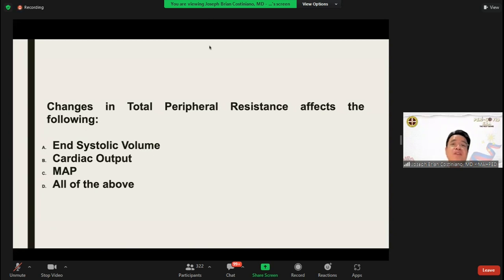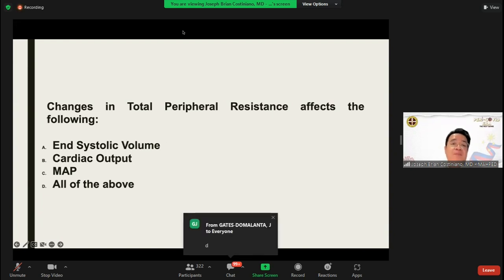Changes in total peripheral resistance affects which of the following? Is it A, end systolic volume, B, cardiac output, C, mean arterial pressure, or D, all of the above? Okay.